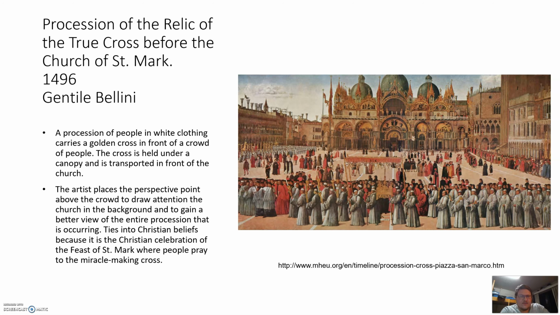We're drawn to the cross and the procession, but we're also drawn to the church in the background, which is obviously a very important piece of this, because that's where all the worship happens. This is just a procession of them carrying it in front of a group of people to put it in its resting place within the church for people to go up to it and pray.